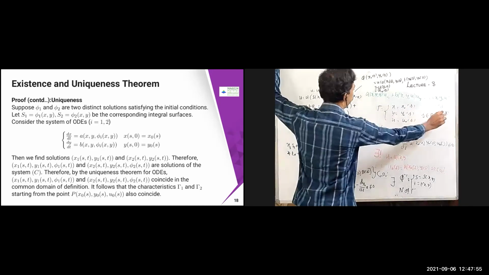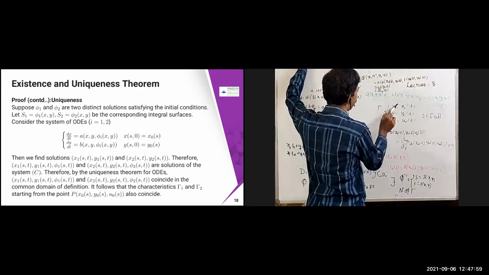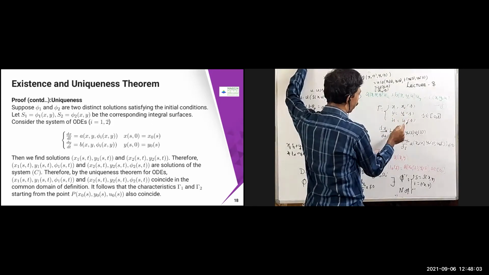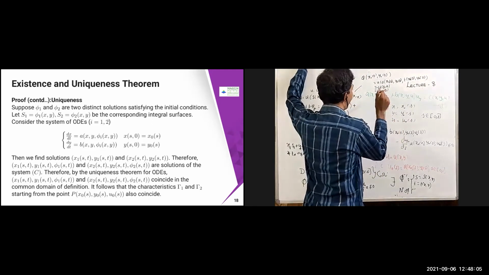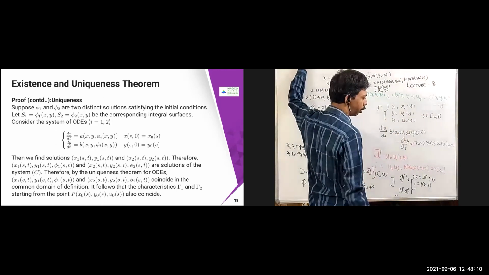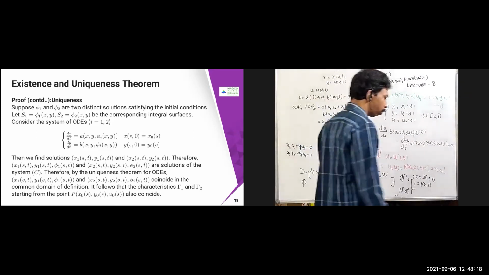The other is the initial condition phi of x_0(s), y_0(s) equal to u_0(s). Together it is satisfying both. Now we need to prove, using this, that the solution is unique.